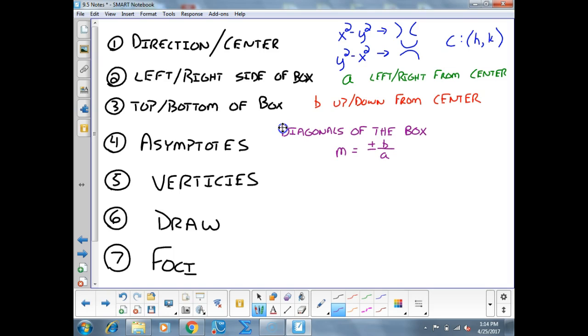Vertices. Where do I find the vertices of my hyperbola? If it's going up and down from step number 1, then it'd be the top and the bottom midpoints. If it's left and right, it's going to be the left and the right midpoints of the box sides.